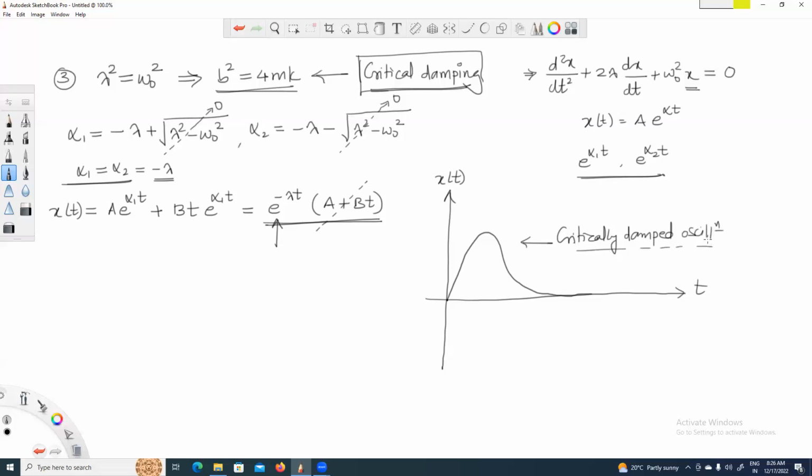So what is the best example of this? You must have seen the ammeter and voltmeter pointers, right? Suppose the current is flowing through a circuit, so it is showing a certain value inside your ammeter or voltmeter. If you suddenly switch off the circuit, it should go to the equilibrium position as quickly as possible. And remember, while doing this, it should not keep oscillating, not even for a longer time, right?